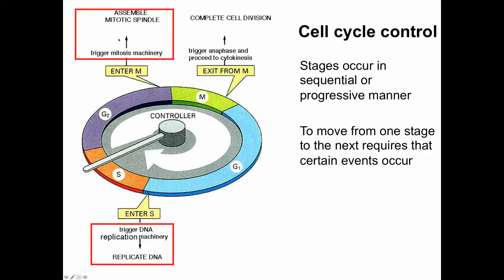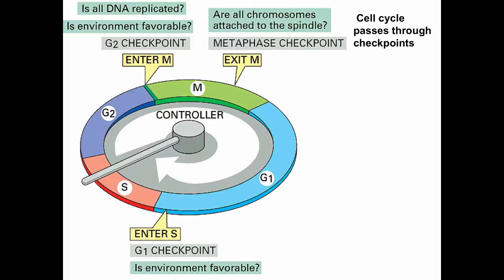You cannot trigger the mitosis machinery until DNA is fully replicated. Once DNA is fully replicated, the machinery to trigger mitosis is activated, and then once that happens, the mitotic spindle is assembled. Once all of that occurs, you can complete cell division. So again, sequential, progressive manner.